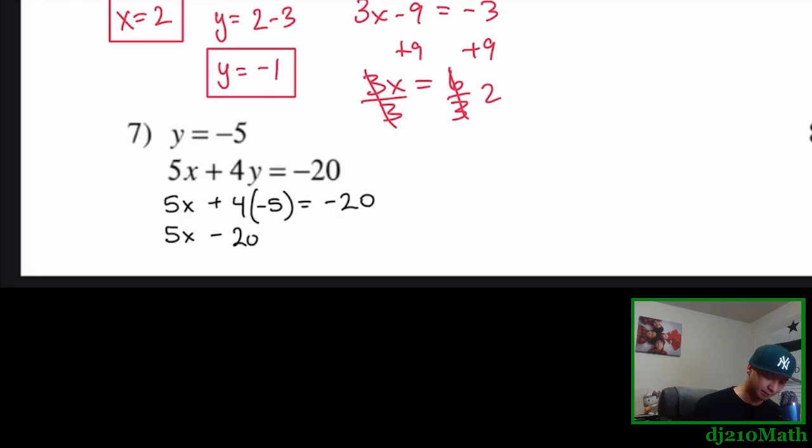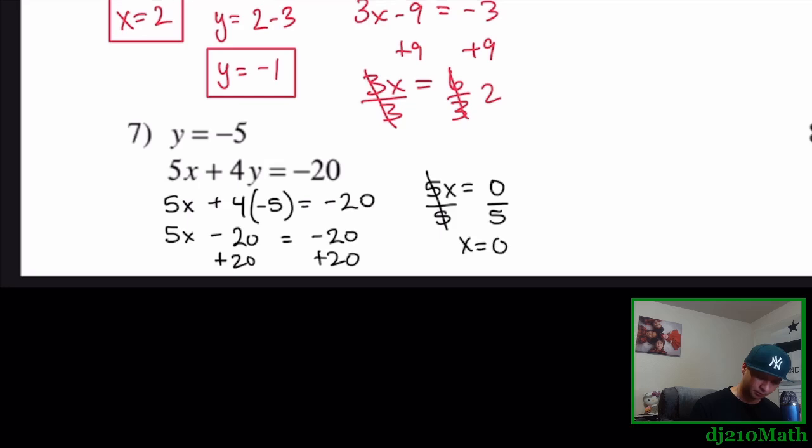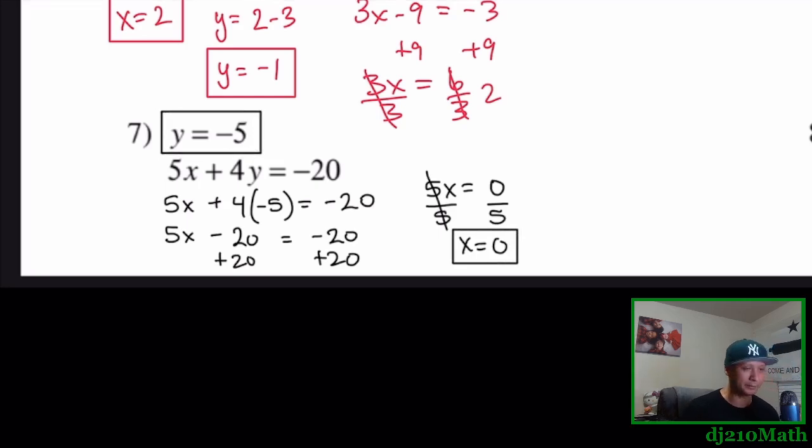Positive times negative is negative. Minus 20. If I add 20 to both sides, I get 5x is equal to 0. Divide both sides by 5. X is equal to 0. So when x is 0, y is equal to negative 5. No need to plug x back in because y is already solved.